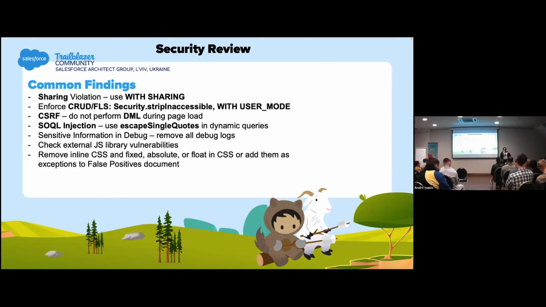If you did not mention all the false positives, they do not check whether it's a false positive or a true positive. They find something that you didn't mention in your false positive document, either in the solution architecture or usage document, and they fail you because you didn't mention it. They consider this a security fault, even if it's a false positive. So it usually might take from 8, maybe a little bit more, maybe 10 weeks, something like that.